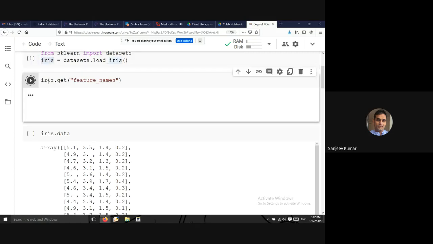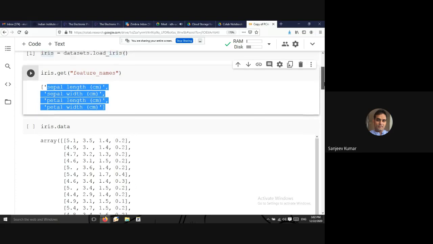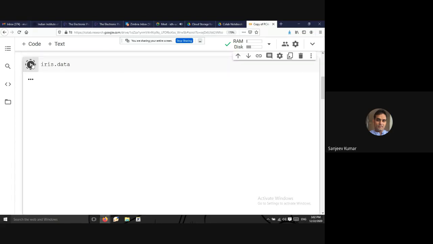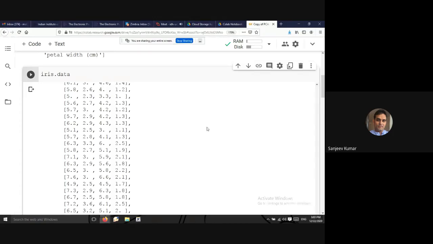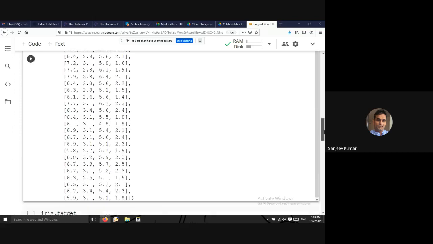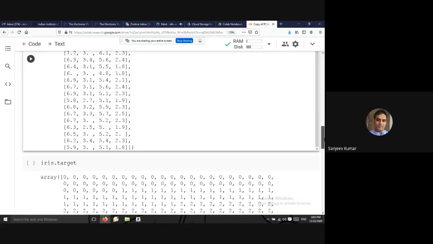Now I am getting the feature names of this iris, and you can see these are the features. So it is a 4-dimensional problem. If you want to see the data, the data is like that. These are samples. The first entry in each row is sepal length, sepal width, petal length, petal width, in centimeter. You can see almost 158 samples.